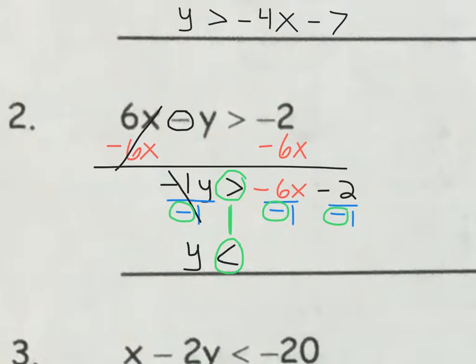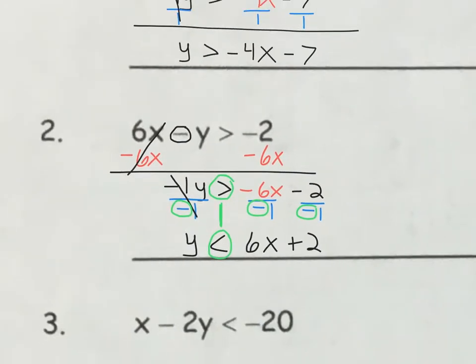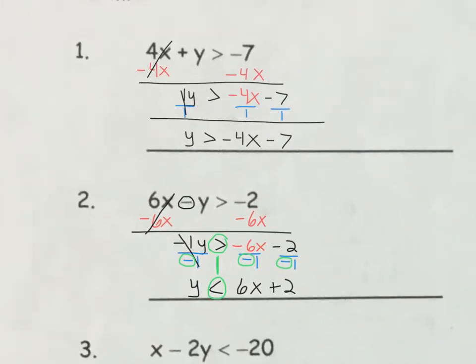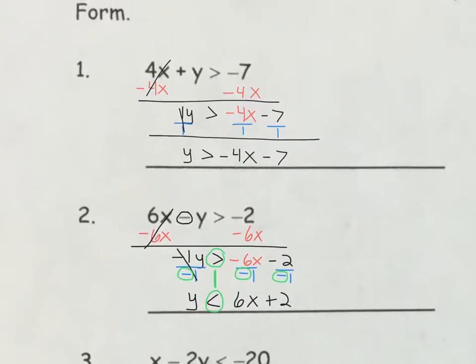All right, so -6x divided by -1 gives you +6x, and then -2 divided by -1 gives you a +2. Good, and now we are ready to graph that in y equals mx plus b. In case I went too fast, let's go back up and you can see number 1 and 2. Now what I want you to do is try number 3 and 4 on your own.